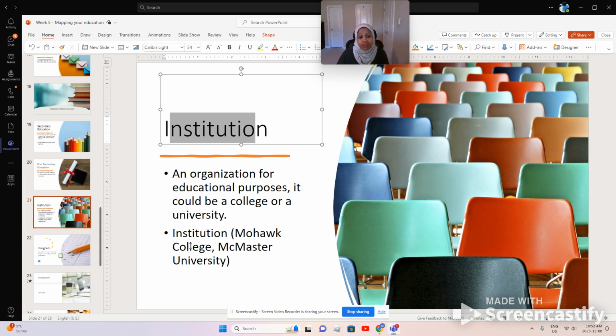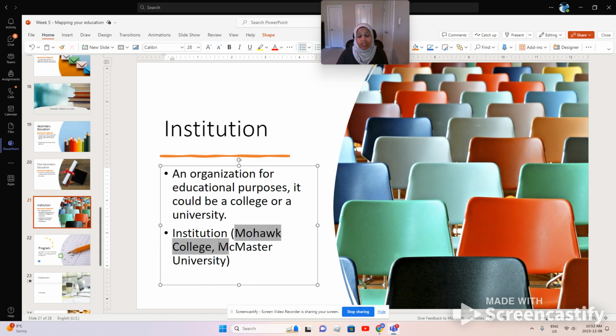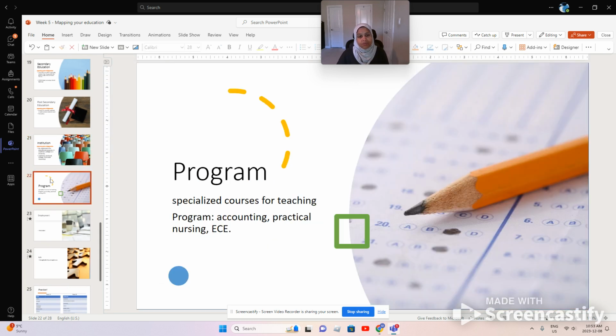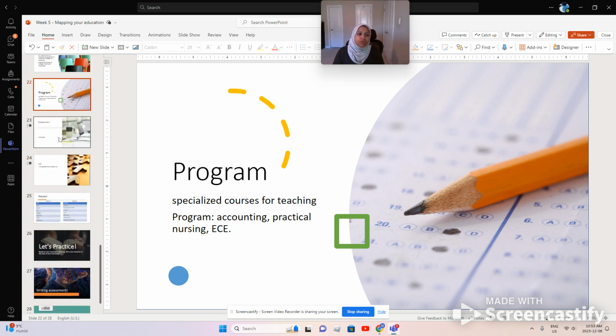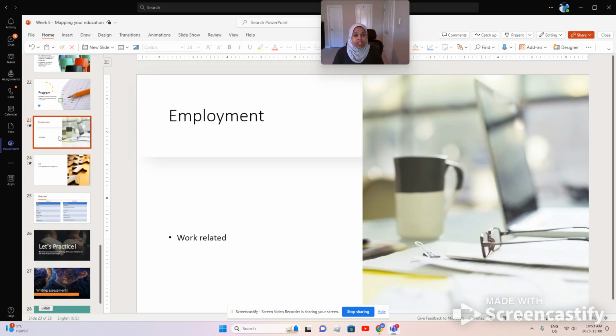Here in Hamilton, one of the institutions for learning is Mohawk College, and another one is McMaster University. Those are two separate institutions. When we talk about program, we mean specialized courses for teaching, accounting, practical nursing, and so on. So any program you have chosen to learn.